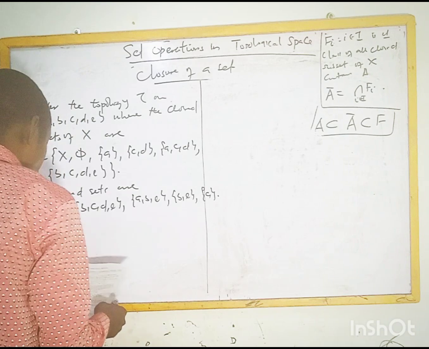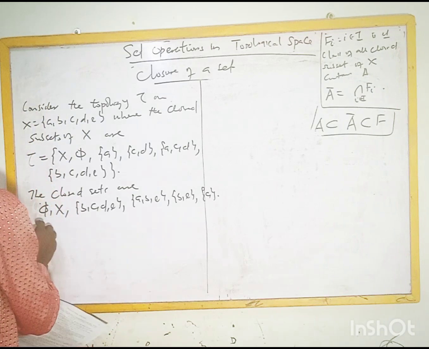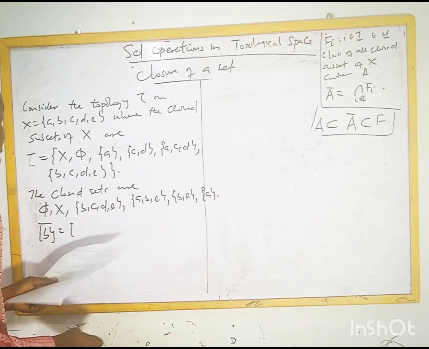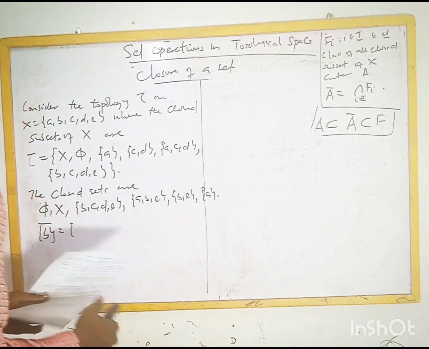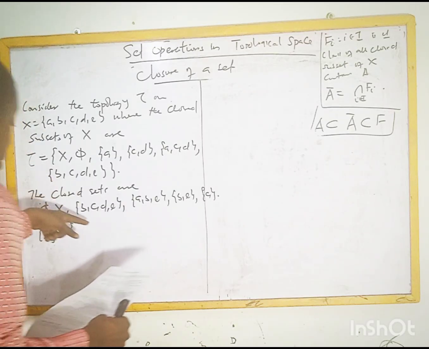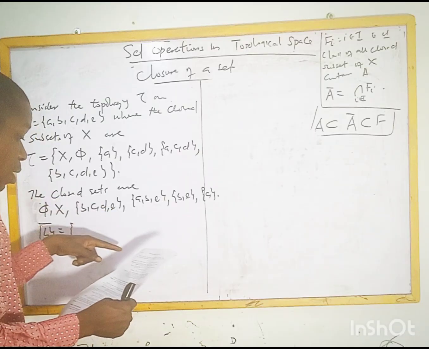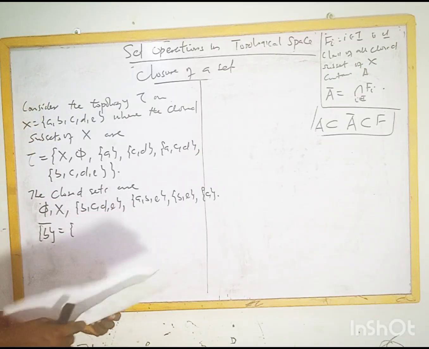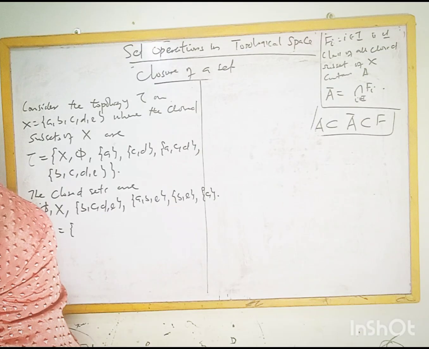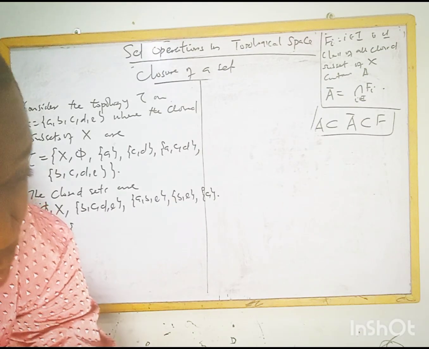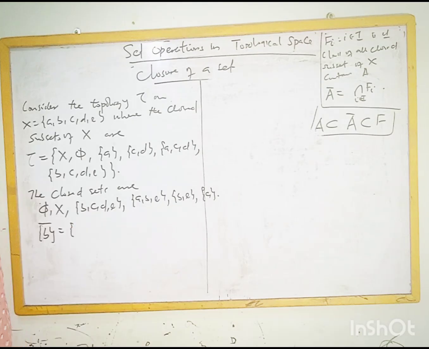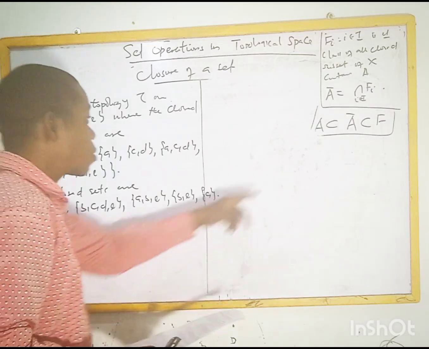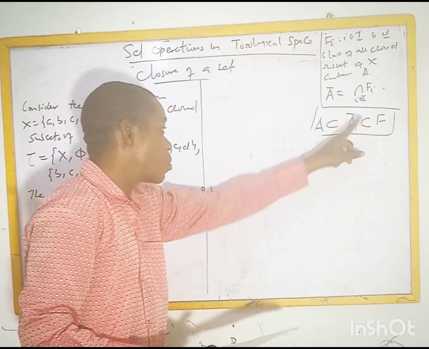The closure of A is a subset of a closed set, and it contains A. That's all.